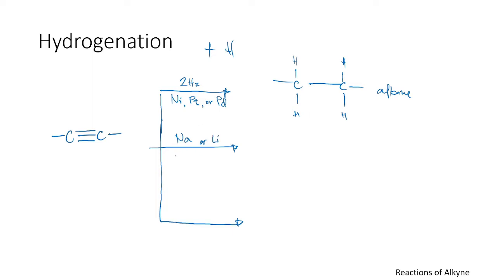Another hydrogenation reaction happens in the presence of sodium or lithium, with liquid ammonia, not liquid nitrogen. Here, we will have what we call a trans alkene.